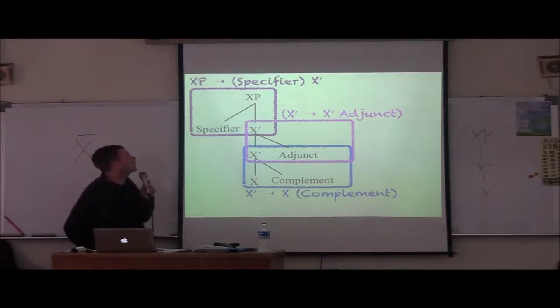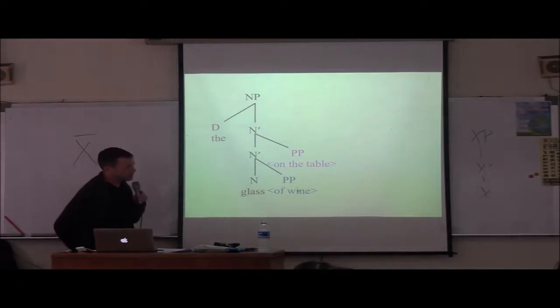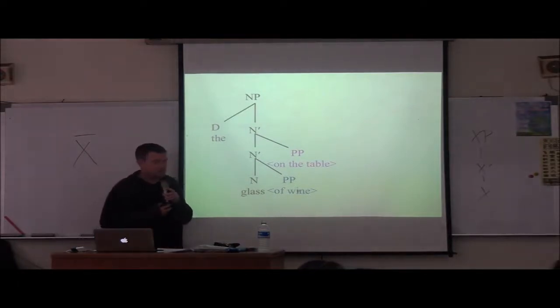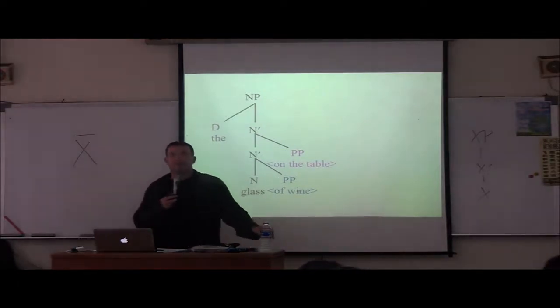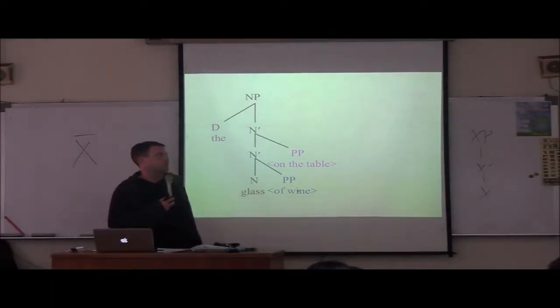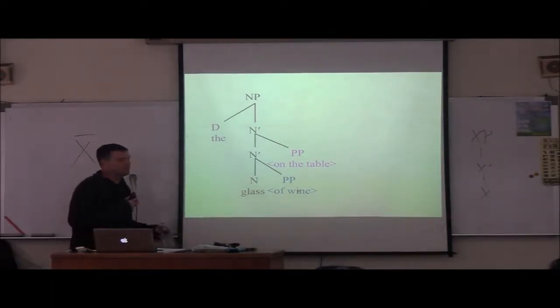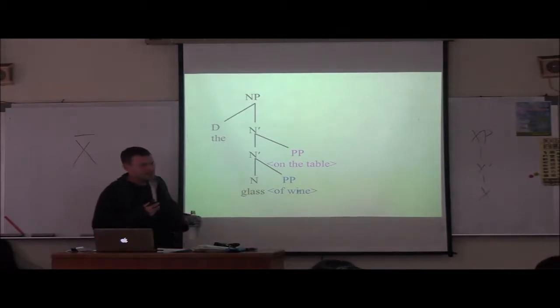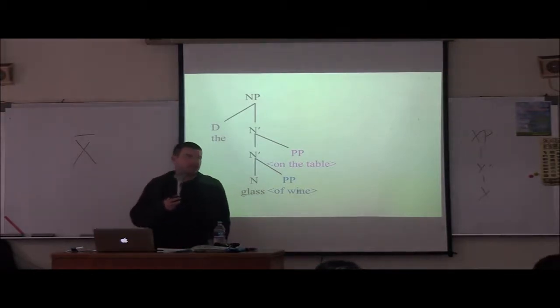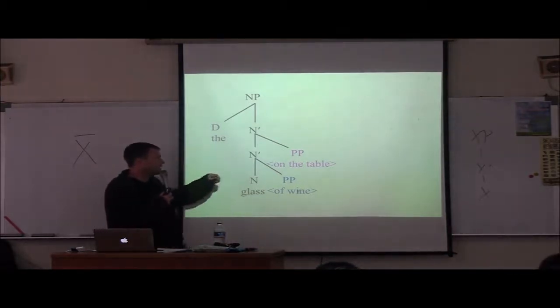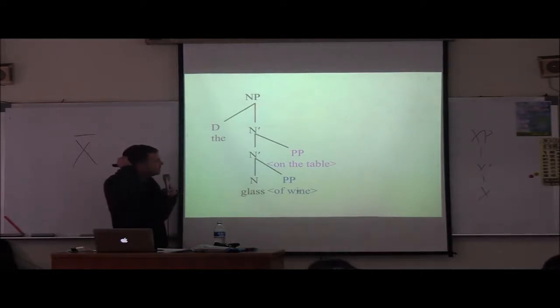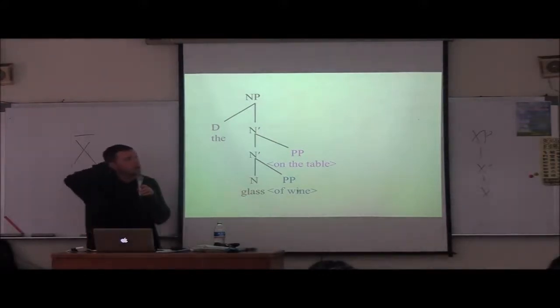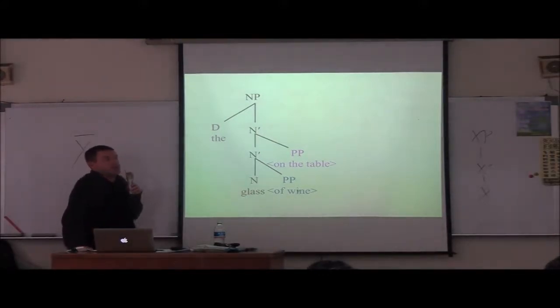So in a phrase like the glass of wine on the table, we said we'll call these, like the specifiers, so it will be the daughter of an NP and the sister of an N bar. Obviously glass is the head of the phrase, so it's going to be the X or the N in this case. The difference between on the table and of wine is interesting.